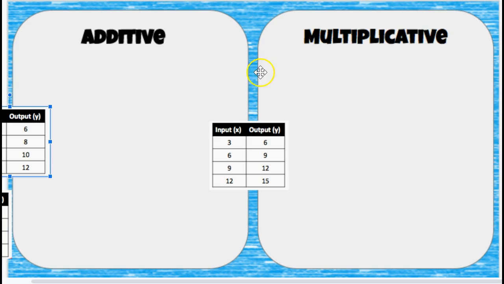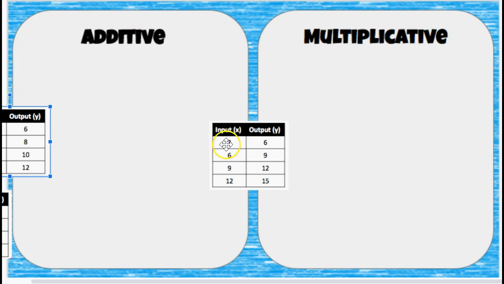So how would I get from 3 to 6? I could, if I was multiplying, multiply by 2. So 3 times 2 is 6. But my rule has to stay the same. So if I did times 2 right here, that would mean 6 times 2, which is 12, not 9. So it can't be multiplying.